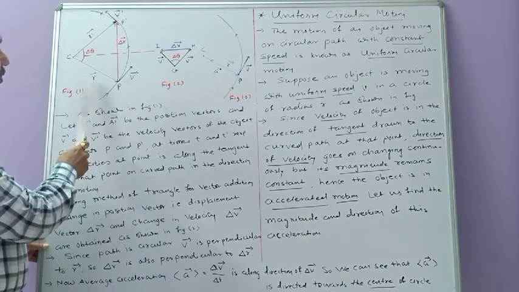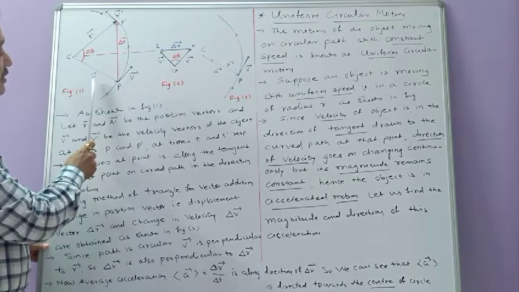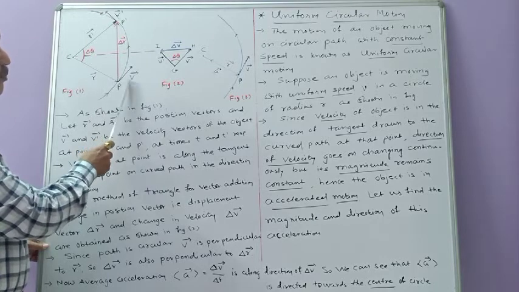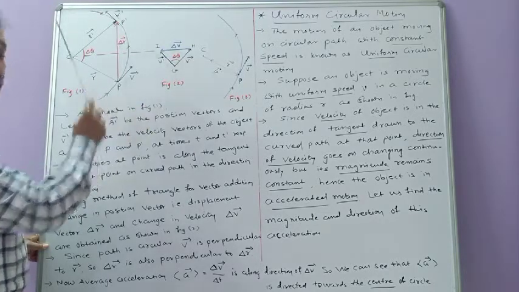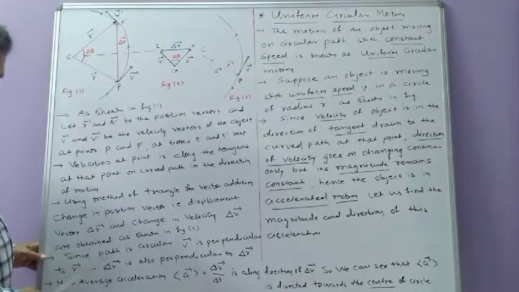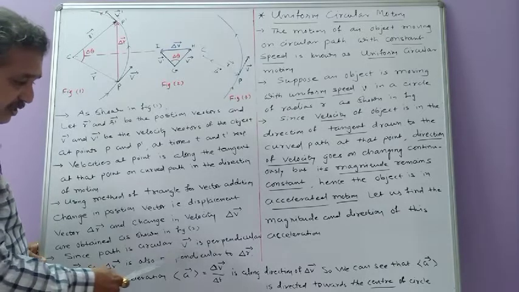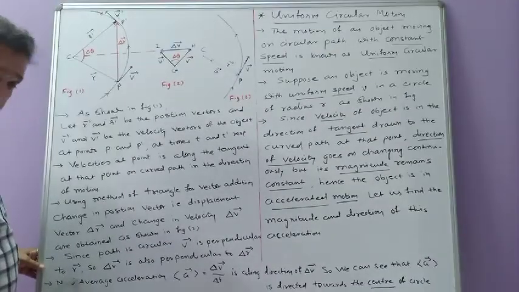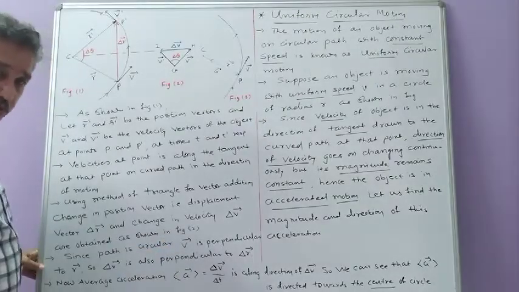Because the position vector, that is the radius, and vector V are perpendicular in a circular path, that's why delta V and delta R also become perpendicular to each other. Since the path is circular, vector V is perpendicular to vector R. So vector delta V is also perpendicular to delta R.